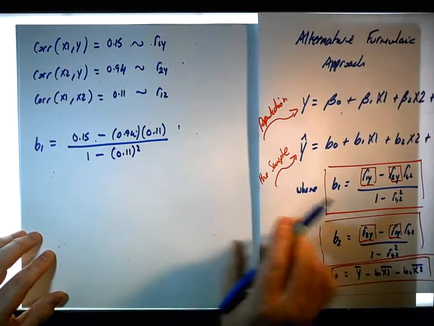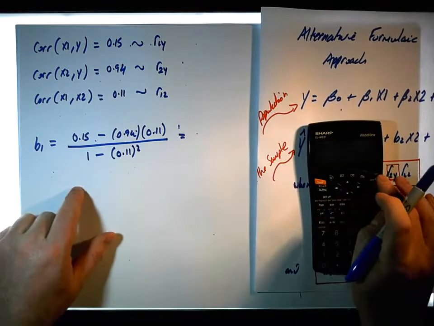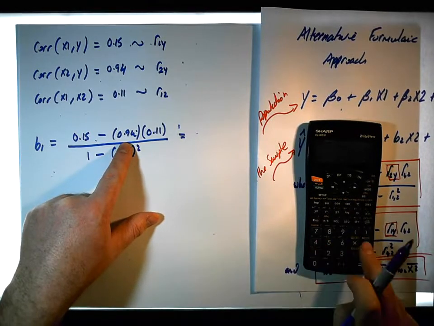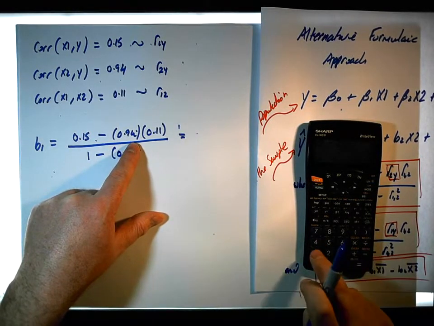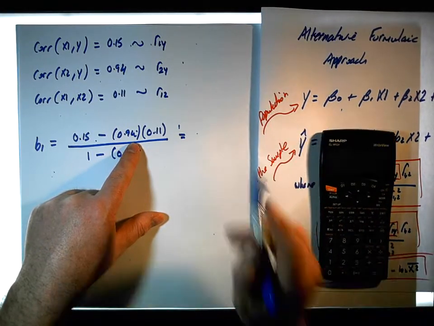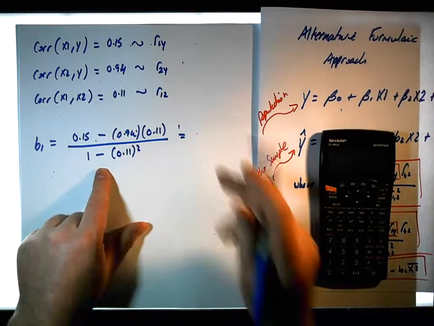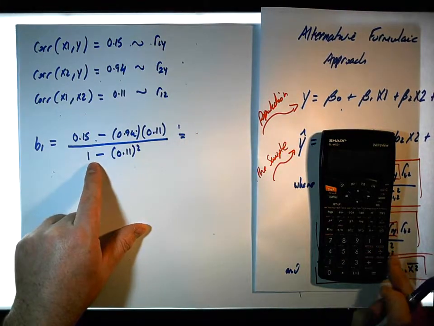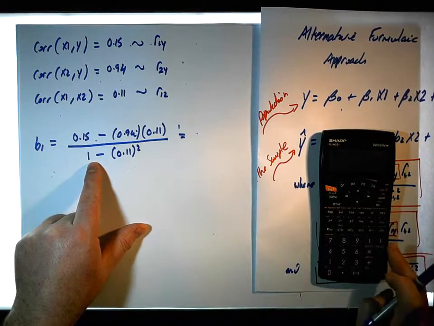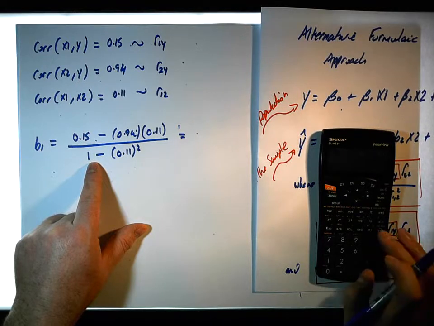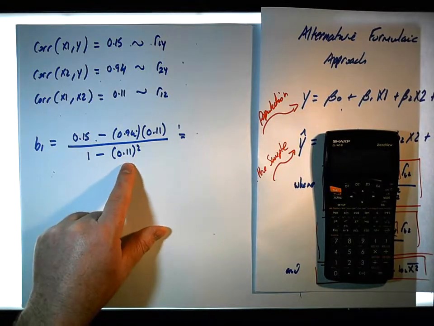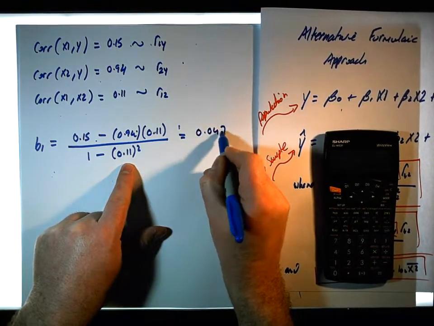The numerator is 0.15 minus 0.94 times 0.11, which gives us 0.064. Let me keep it accurate. Divide that by 1 minus 0.11 squared, and this gives us in total 0.047 to 3 decimal places.